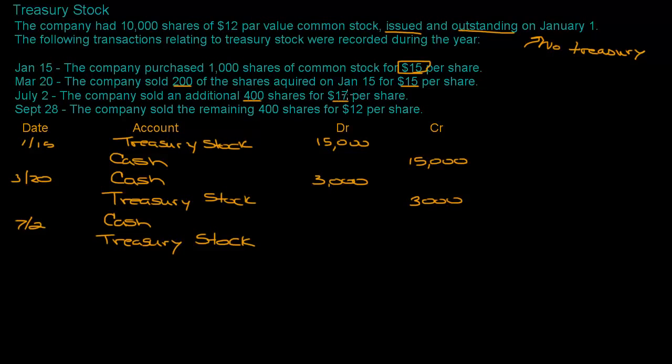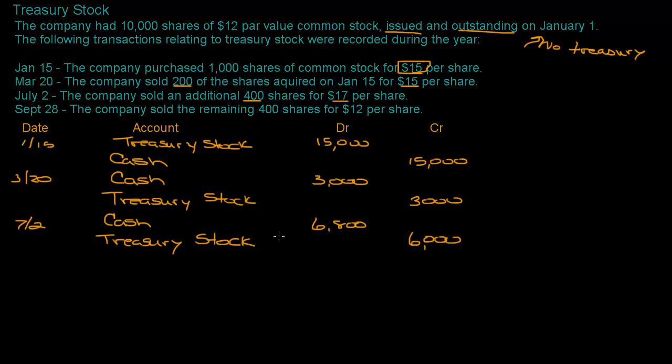That would be 400 times $17, which would give me $6,800 in cash that was received. And now the treasury stock. Remember we said when we're dealing with treasury stock, whatever I put it into the account at, I'm going to pull it back out at the same price. So I'm going to take 400 shares times $15 per share because that's what we originally paid for them, and that would be $6,000.